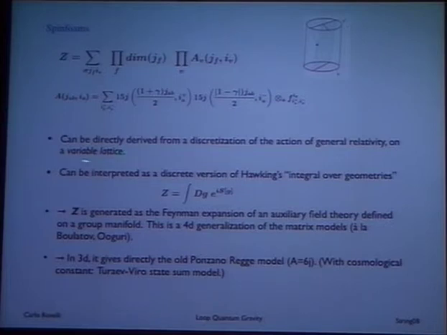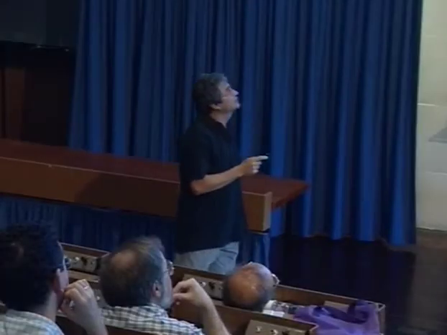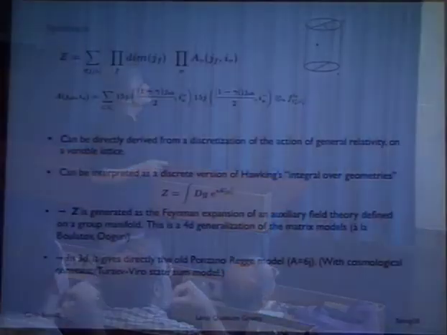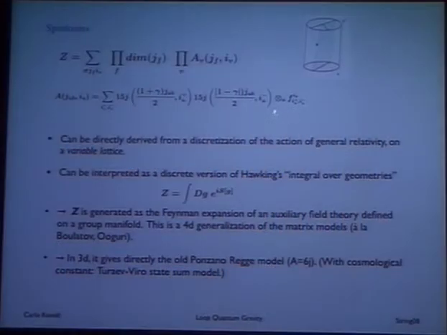This covariant representation of the theory can be looked at from a number of different points of view. First of all, you can forget everything I've said coming from the canonical, and you can directly derive it by discretizing the action of general relativity on a lattice. You fix a lattice, a triangulation, you discretize the theory, you go to the cellular complex dual to the triangulation. This is what gives the two-complex, and you sort of Fourier transform, and you get this expression here with this amplitude.